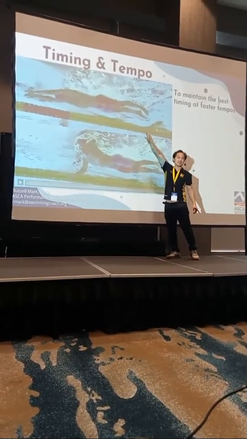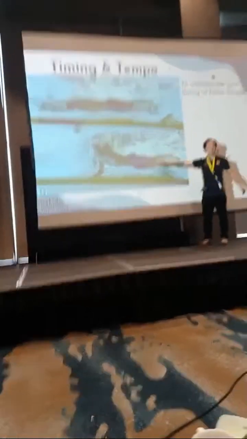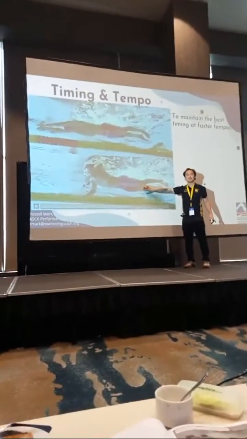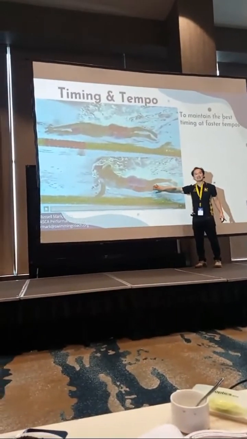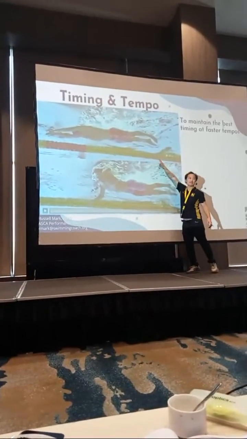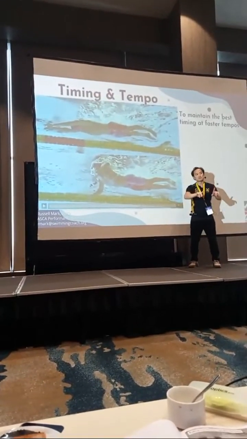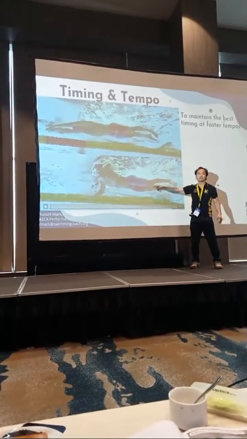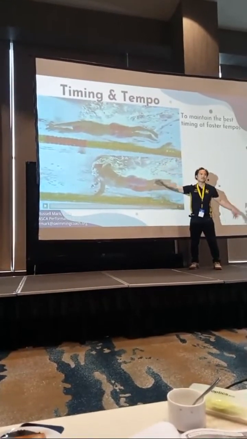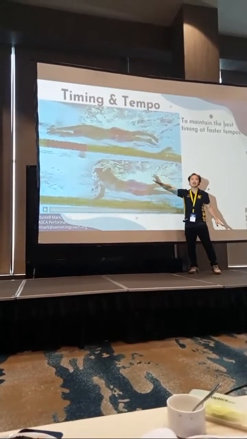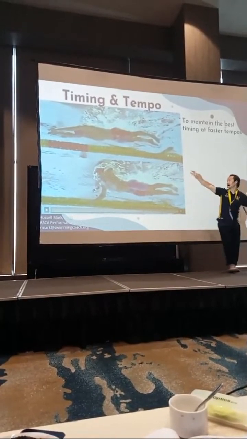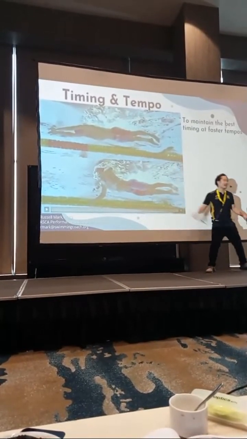It's the slowest tempo. Same swimmer, last 50 of a 200. Fastest tempo. Slowest tempo, fastest tempo, same swimmer. This was the world record swim 3, 4, 5 years ago. Very recent. Same swimmer, slowest tempo, fast swimmer.